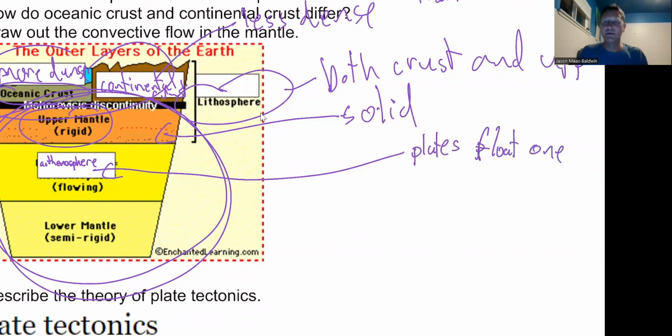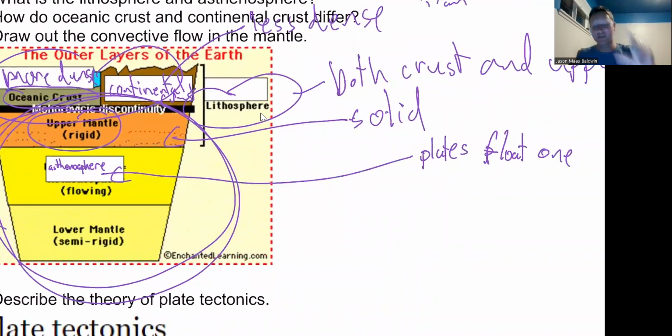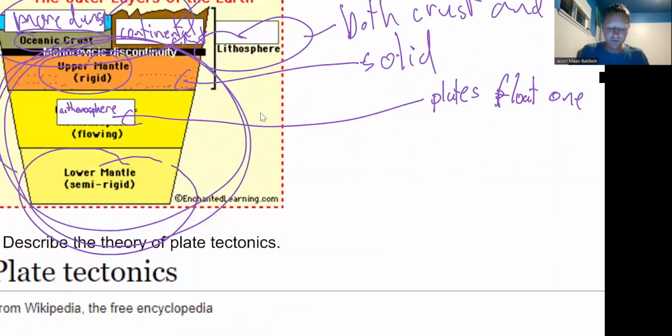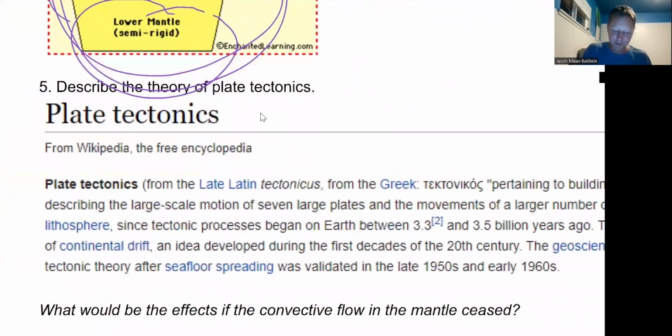And again, this is one of my favorite words. I'd encourage you to say it. It's called the asthenosphere. All right. And so that's part of the upper mantle as well. So both this upper rigid layer and the flowing layer are part of the asthenosphere. And the majority of the mantle is what we refer to as lower mantle, and that's that semi-rigid layer of the mantle, the fudge-like consistency where convection is occurring.